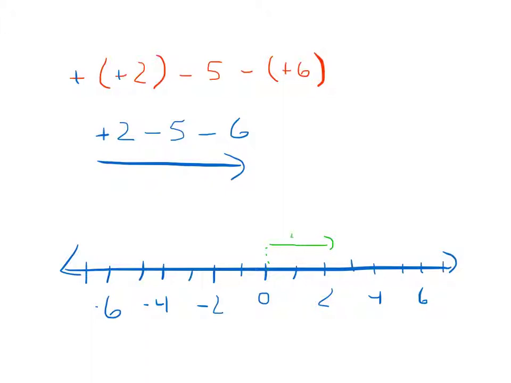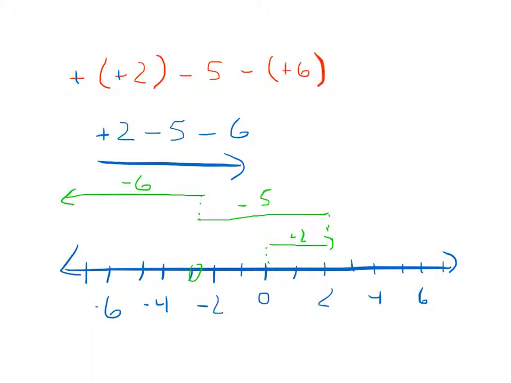Positive 2, and I go negative 5, so that's negative 2, 3, 4, 5. That's negative 5, so I'm actually at negative 3 we see down here. And now I need to go negative 6 more.